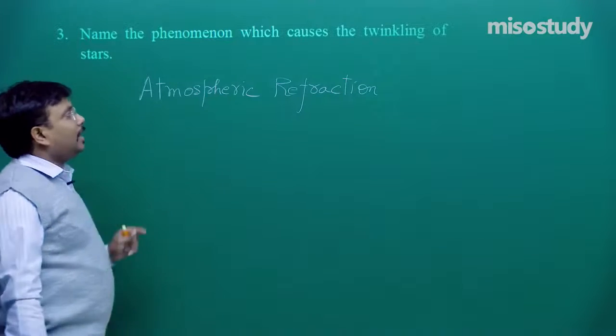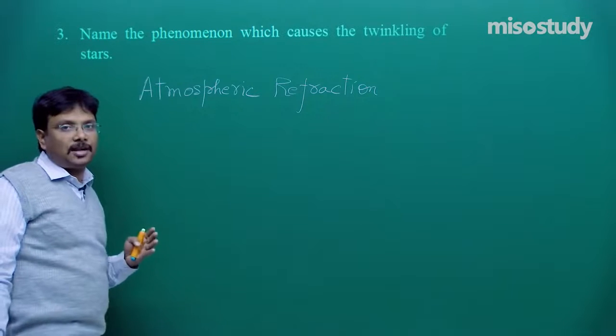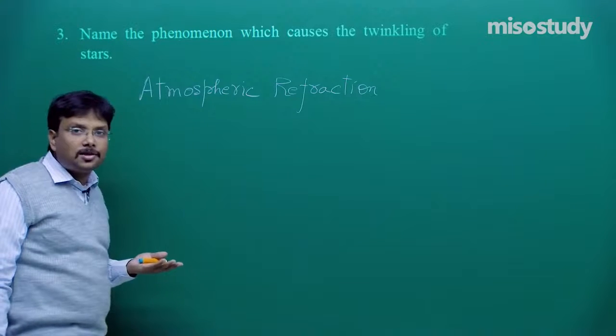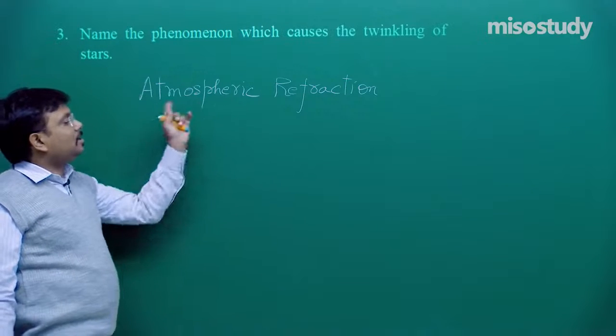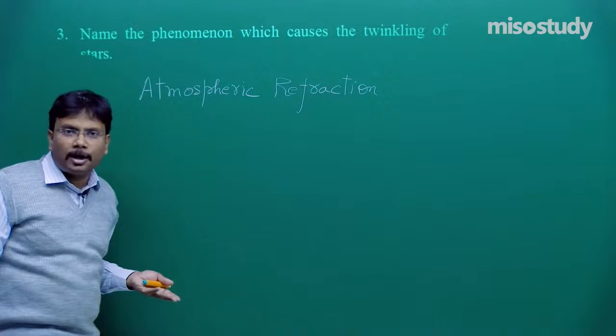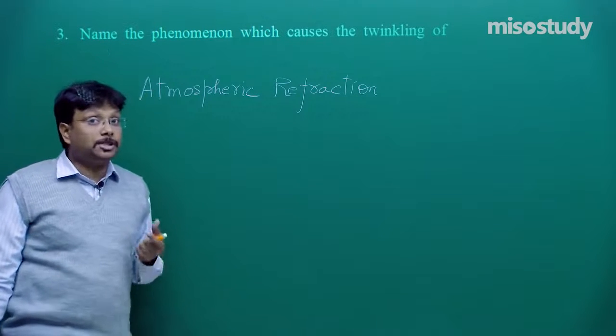So, if there are 4 questions in the very short answer category, in just 4 minutes you can write down the answers, because writing these 2 words will hardly take less than 40 seconds. By that way you can save a good amount of time.